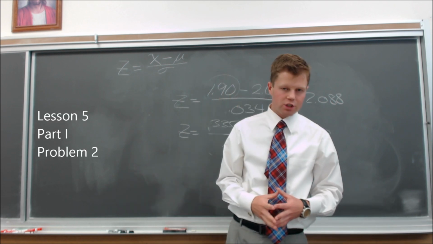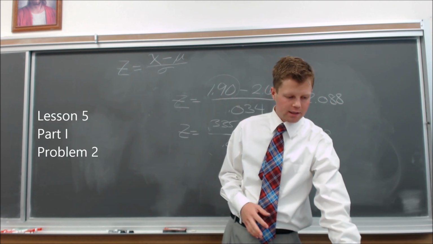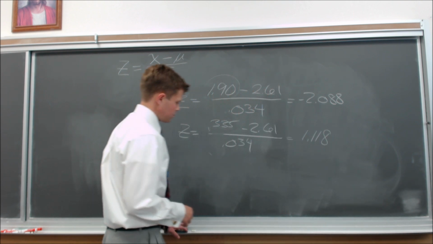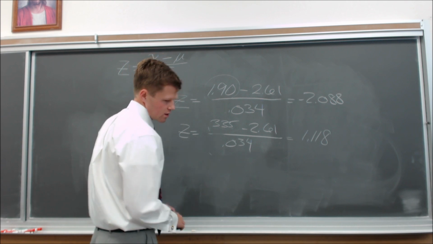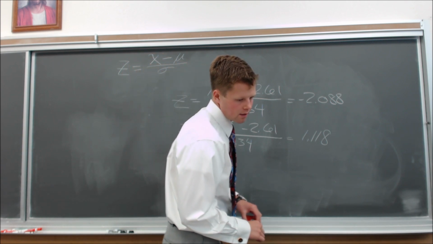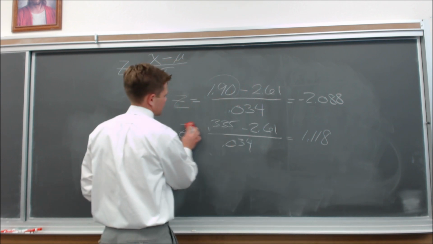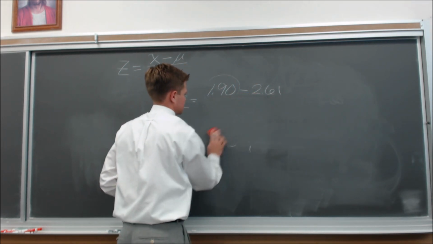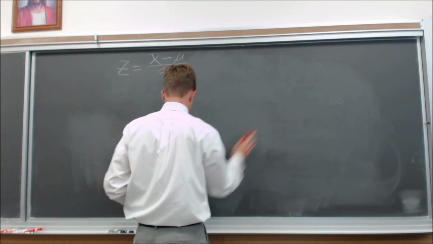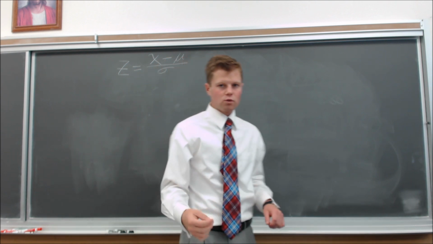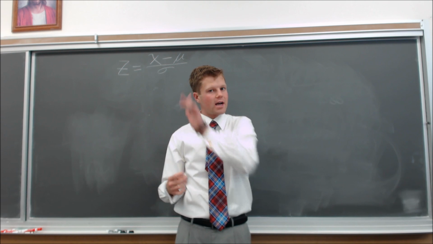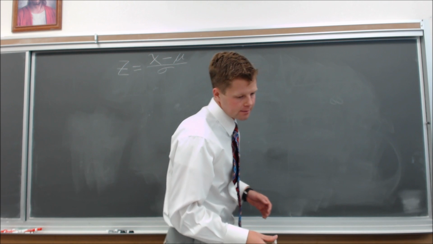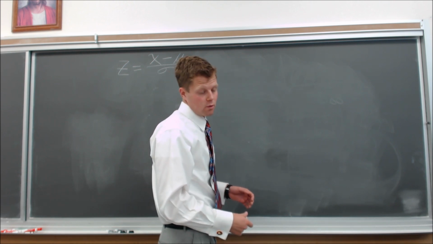Okay. Question 2. Find the probability that a randomly selected professional baseball player will have a batting average that is greater than 0.335. Okay, so for this one, we have to find that z-score. We have to find how many standard deviations away he is from the mean.